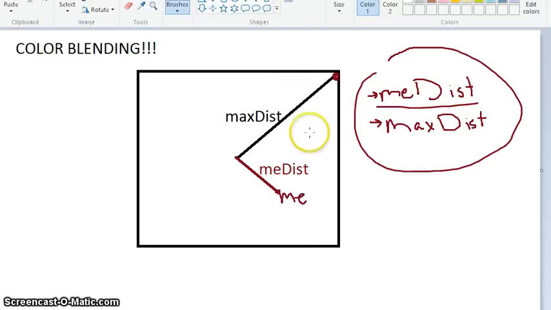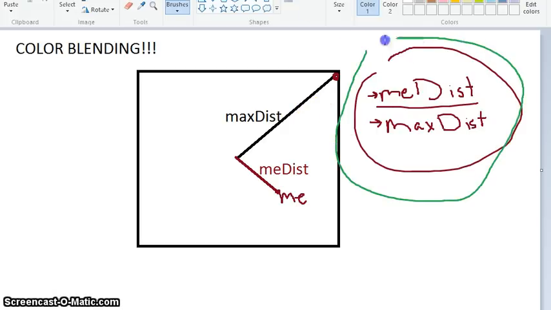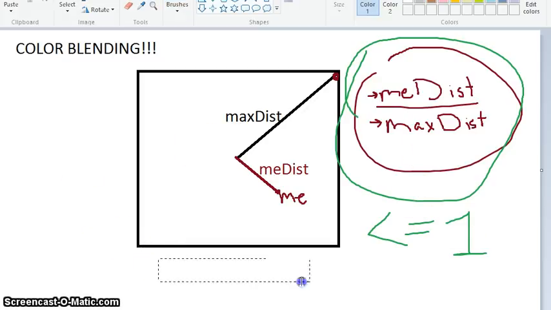Now, one pro tip is that you want to make sure that this ratio is less than or equal to 1. If it gives you something bigger than 1, then when you multiply, you'll get a color component greater than 255, and it will explode. You could actually use math.max if you want to.